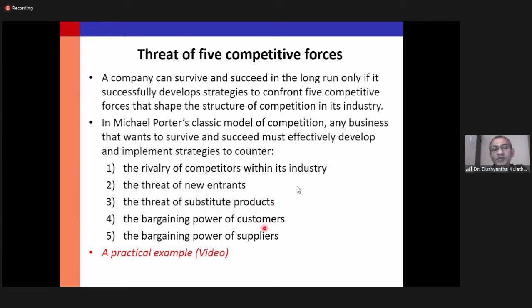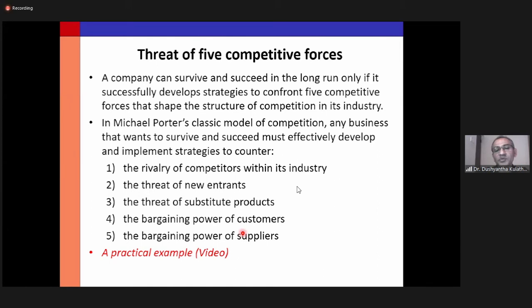The bargaining power of customers, what did they tell there? They told us it is less, because the customers cannot bargain, especially for prices and even for quality. They are not in a position to bargain, and they have to buy what is offered to them.